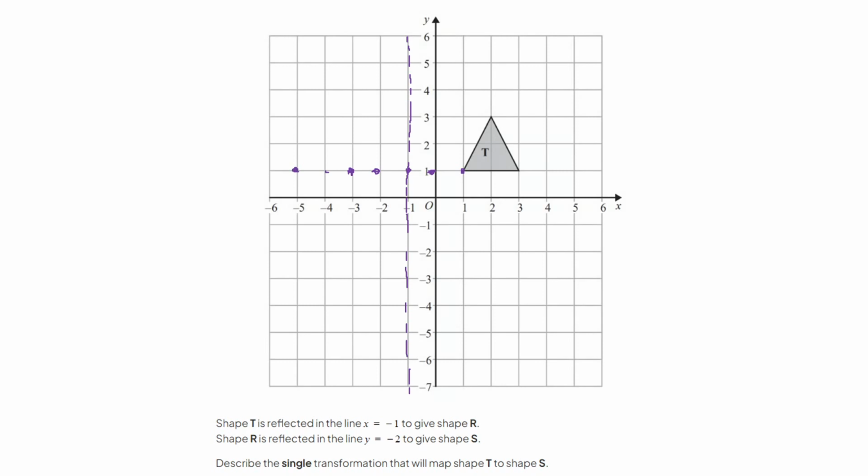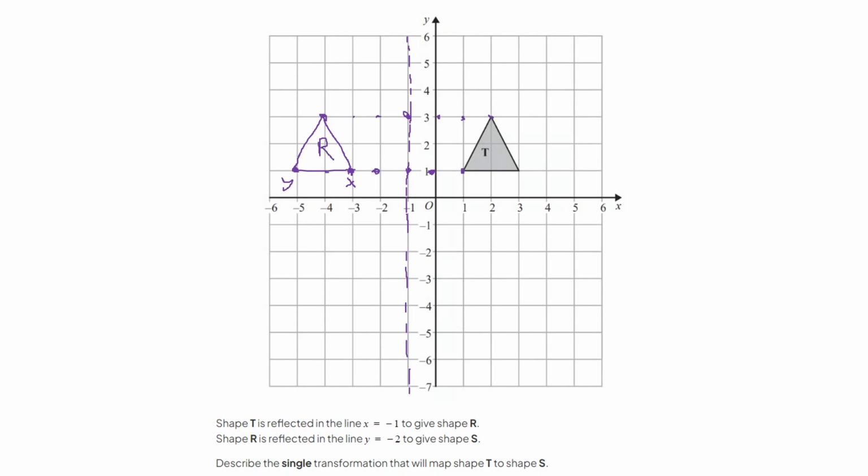That's the second point. I'll call this point X, this one Y. And then finally this point here, we go 1, 2, 3. Okay. So we have to go 1, 2, 3. And then put the lines together. And this is shape R.